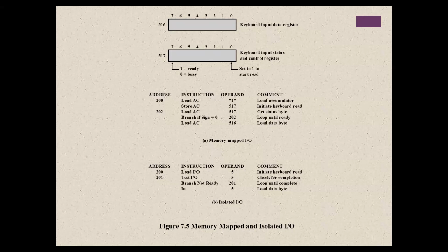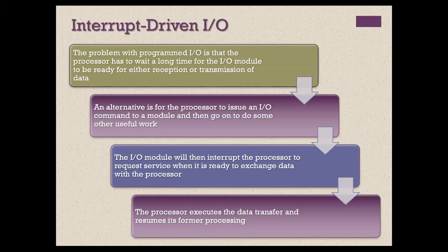Okay. Now let's look at interrupts or interrupt-driven I/O. The problem with the programmed I/O is that the processor has to wait a long time for the I/O module of concern to be ready for either reception or transmission of data.